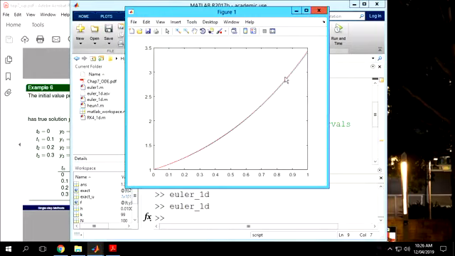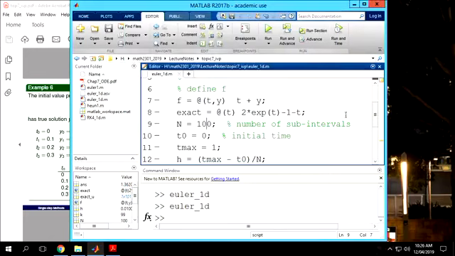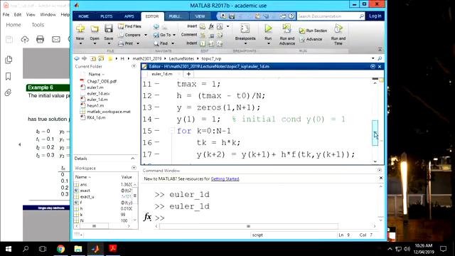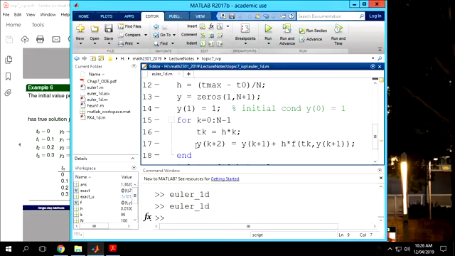And so in the project, if you look at the project carefully, what you have to do is the Euler method not for one ODE, but 3 ODEs at the same time. So what you have to modify is your yk plus 2.